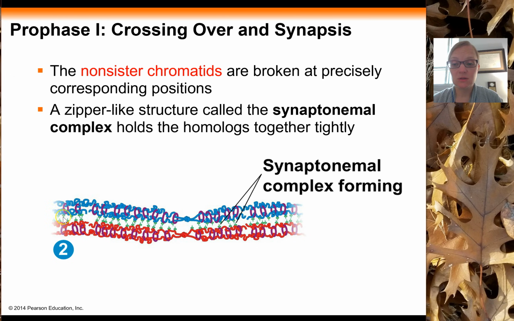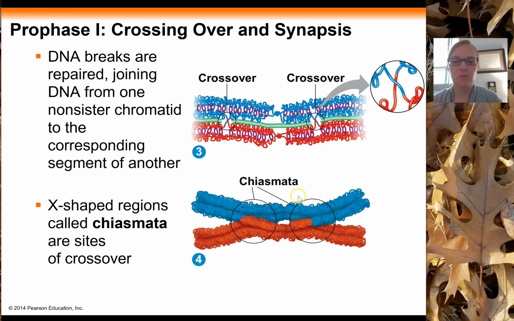You can see all these little green structures here. These are going to form a zipper-like structure that's going to hold the homologs really tightly together, kind of like what you see here, right? So there's a zipper structure, the synaptonemal complex in green, that's holding the 2 homologs together. And this allows the cell to repair those DNA breaks that were made.